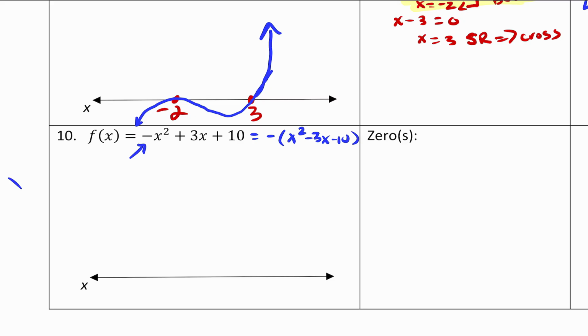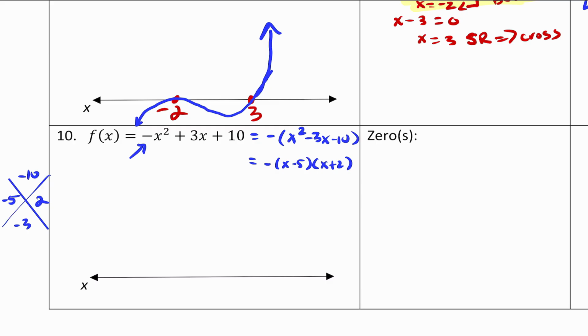Okay? And I'm going to go ahead on the side over here, draw my x, -10 up top, and then -3 down below. So I'm thinking -5 and +2. So we have negative times x minus 5 times x plus 2.